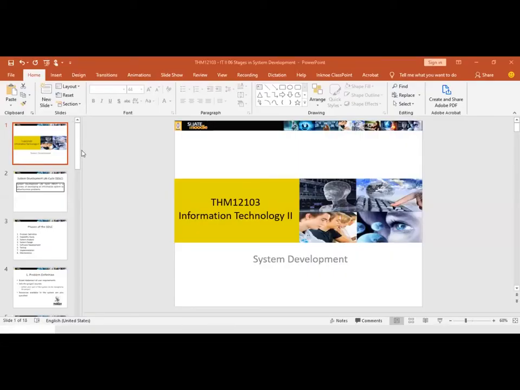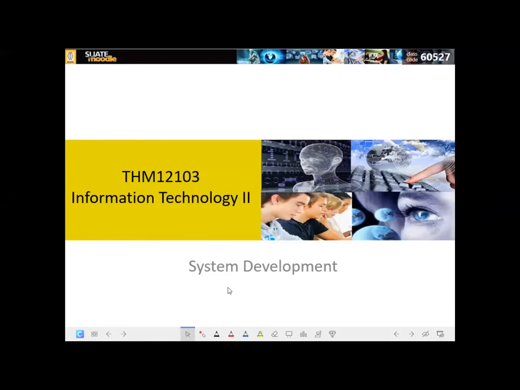Okay. I hope everyone can see the screen. Yes, C++ is a language, student. C is one language and C++ is a language which came after C. We call it an object-oriented programming language.